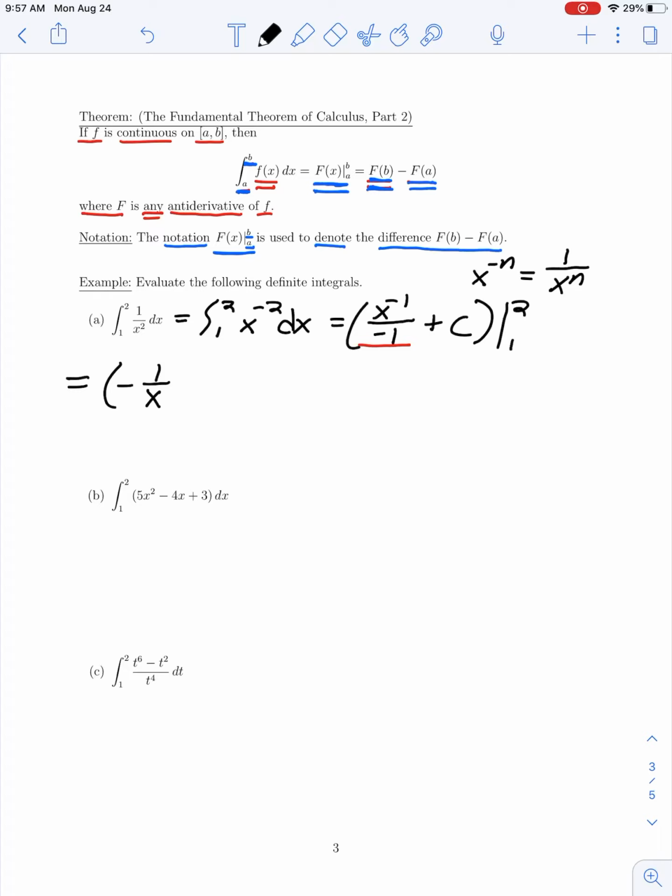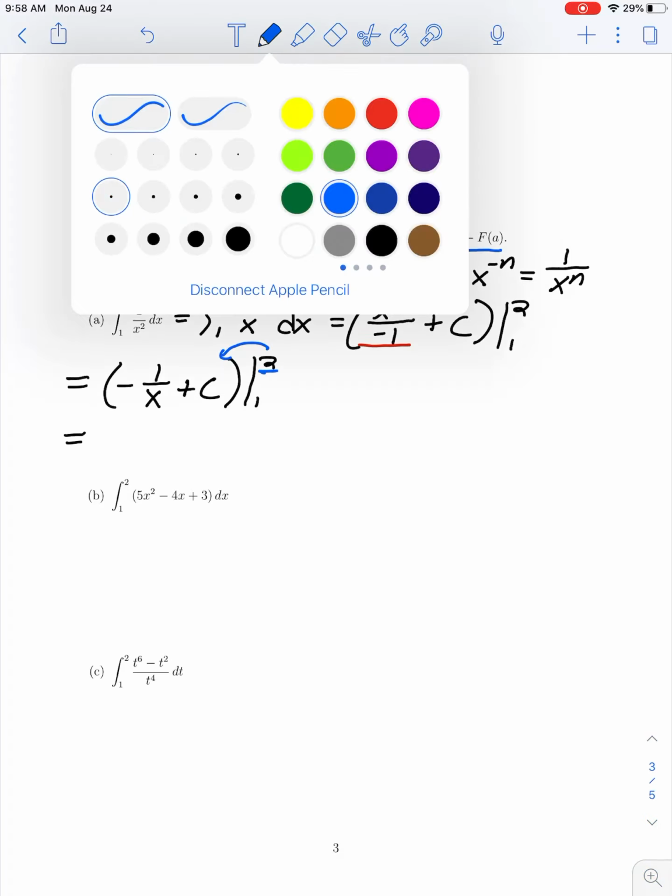So recall x to the negative 1 is just the same as 1 over x, and then when we divide by the negative 1, it's the same as just taking the negative of that quantity. Then we have our arbitrary constant c, and we're evaluating from 1 to 2. So recall this notation says, well, we first take the upper limit of integration and evaluate our antiderivative at that value.